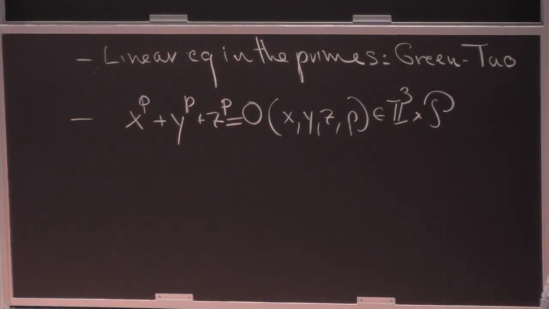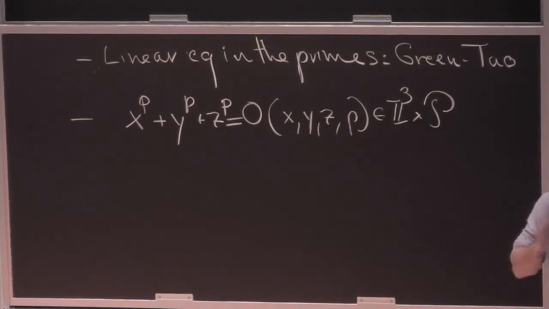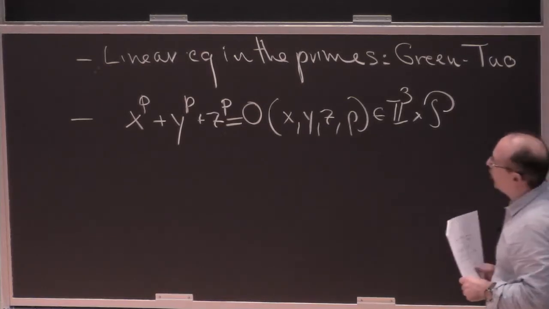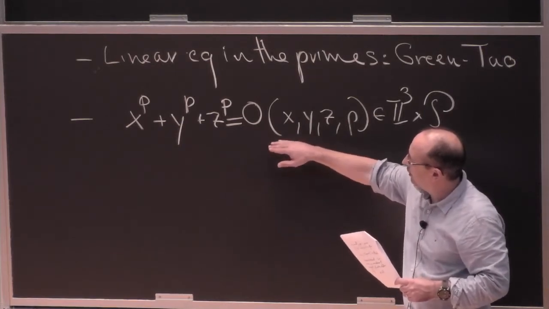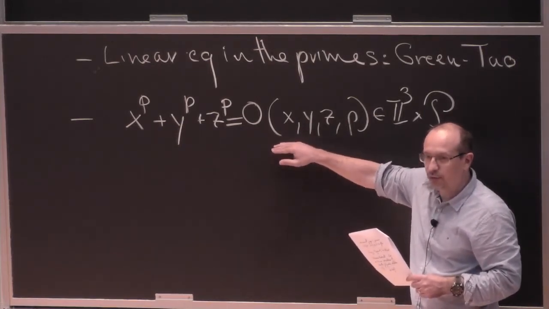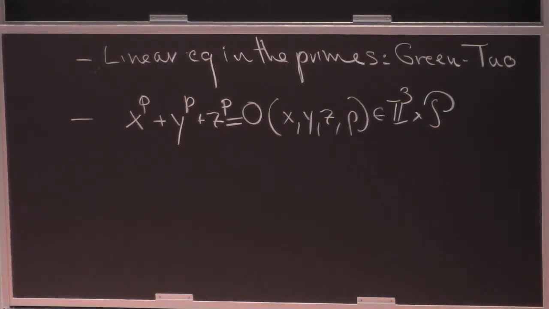But you should know that one of the first positive results in that direction, besides the work of Faltings, was the work of Adleman, Heath-Brown, and Fouvry, who proved that the first case of this equation holds for infinitely many primes.